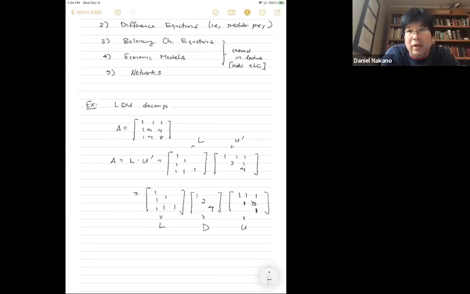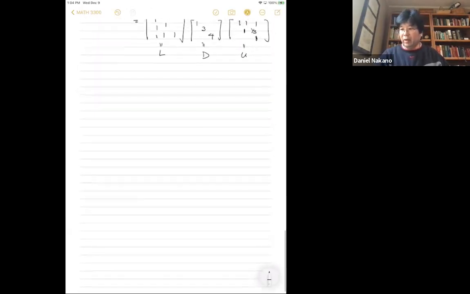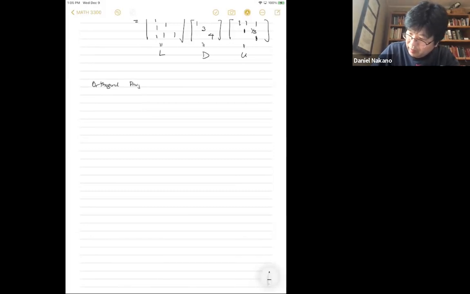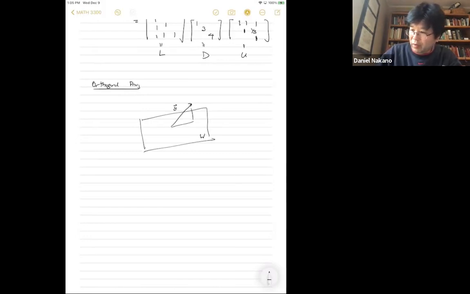Well, the first thing is, orthogonal projections. The idea is that if you have W up here, and you have this y, you want to decompose it in terms of two components, this y hat and this z.